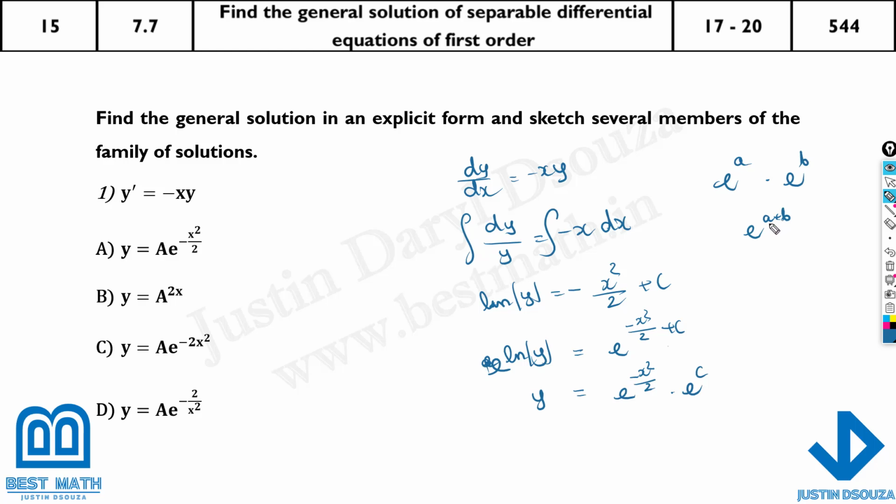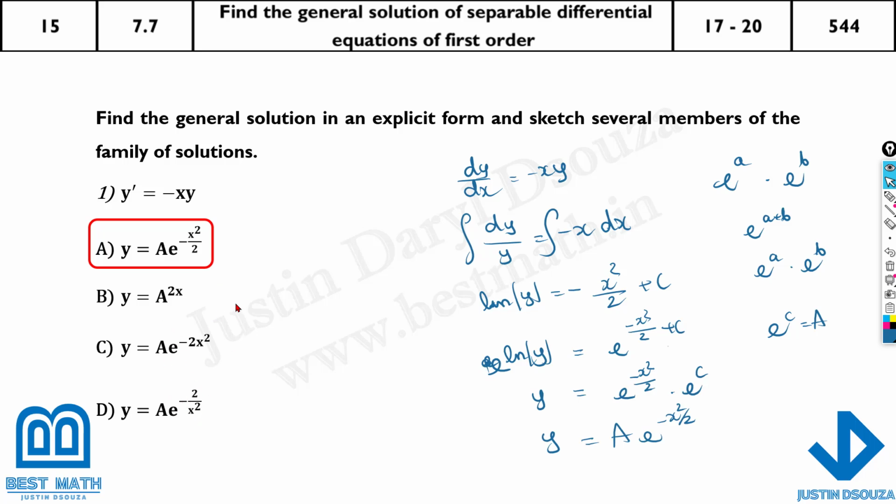The exponents add up. Over here, it's already added. Can I split them up? Yes, it'll be e to the a multiplied by e to the b. The same way, I can see plus c was added to this, so I split the exponent. Now, this e to the power c can be assumed as a constant a. So it'll be a e to the power minus x squared by 2. So that will be the answer. You can see here, that's option A over here. So that's how we solve this one.